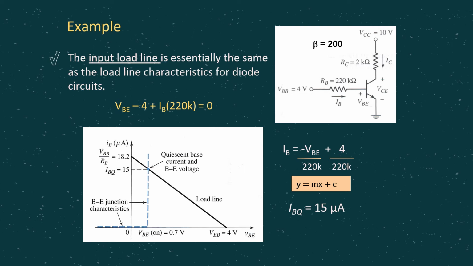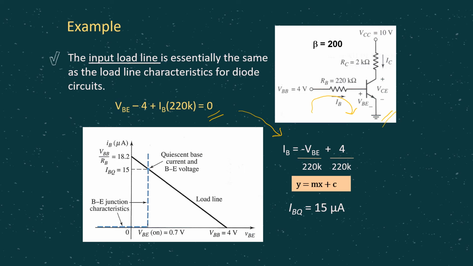From this BJT circuit, we just consider the BE loop because we are considering the input load line. For this BE loop, this is the KVL equation. Then we can modify this KVL equation to make it in the form of y equals mx plus c.